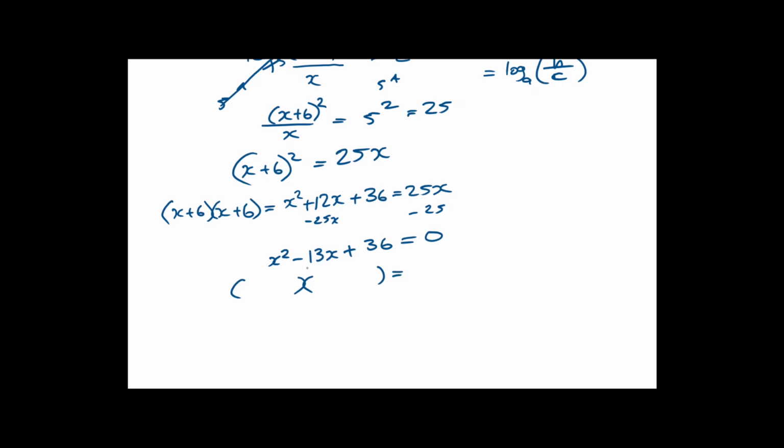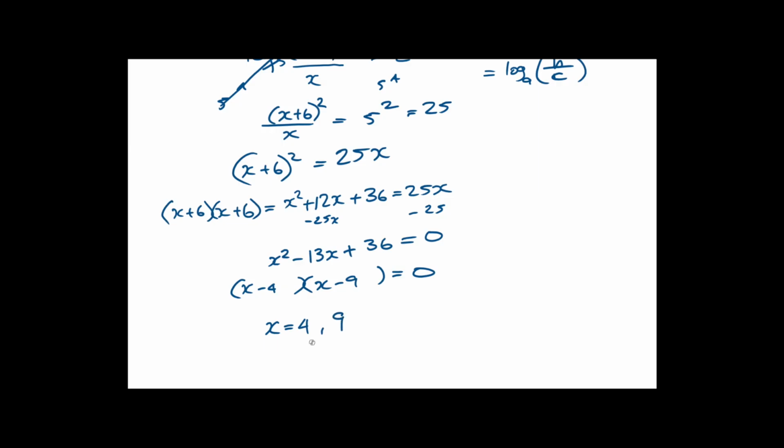So, two numbers that multiply to give us 36 and add to give us minus 13. 9 and 3, no, 10 and no, 9 and 4, yes. x minus 4, x minus 9 equals 0, which means that x must be either 4 or 9 or both.